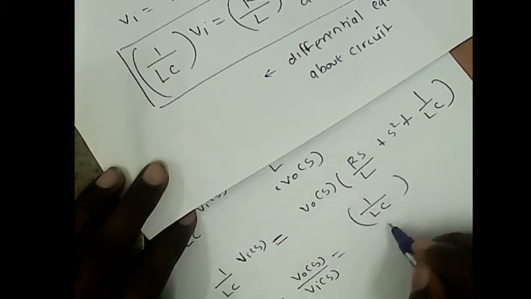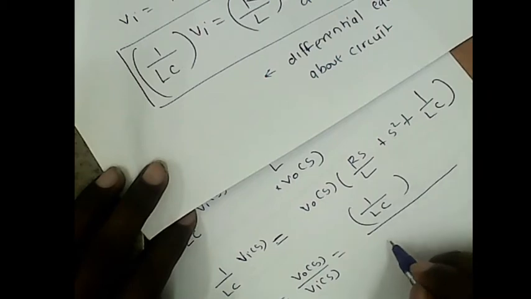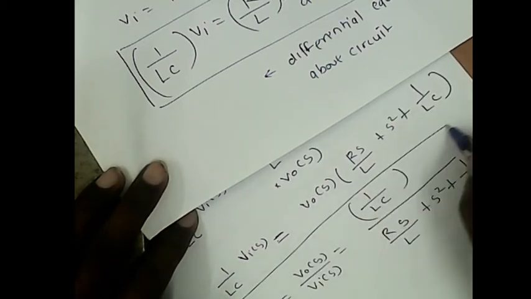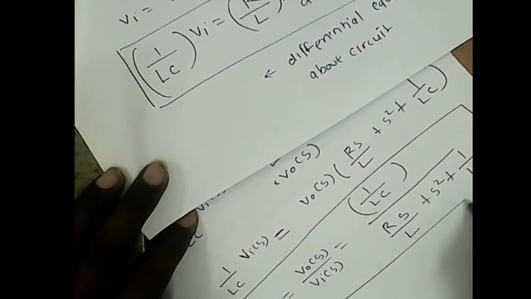So we can write down 1 upon LC divided by s square plus R s upon L plus 1 upon LC. So this is the transfer equation for the given circuit.